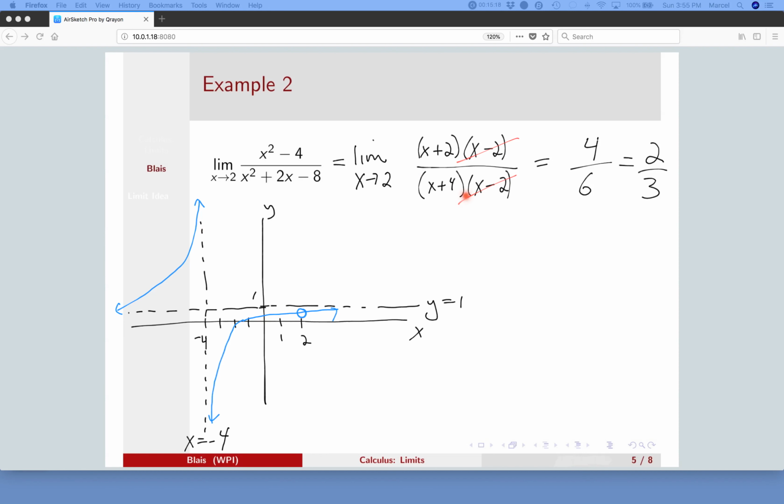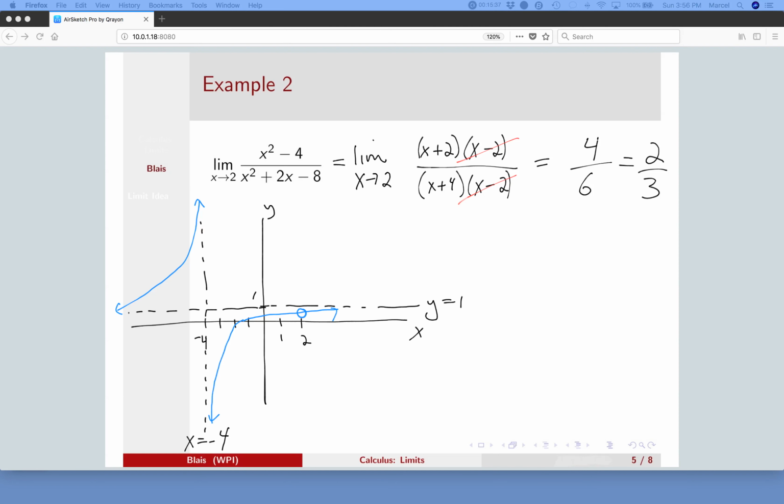When we rewrite it, when we factor it and cancel out the x minus 2 in both top and bottom, if we just focused on x plus 2 over x plus 4, the graph would be the same, except there wouldn't be the hole.